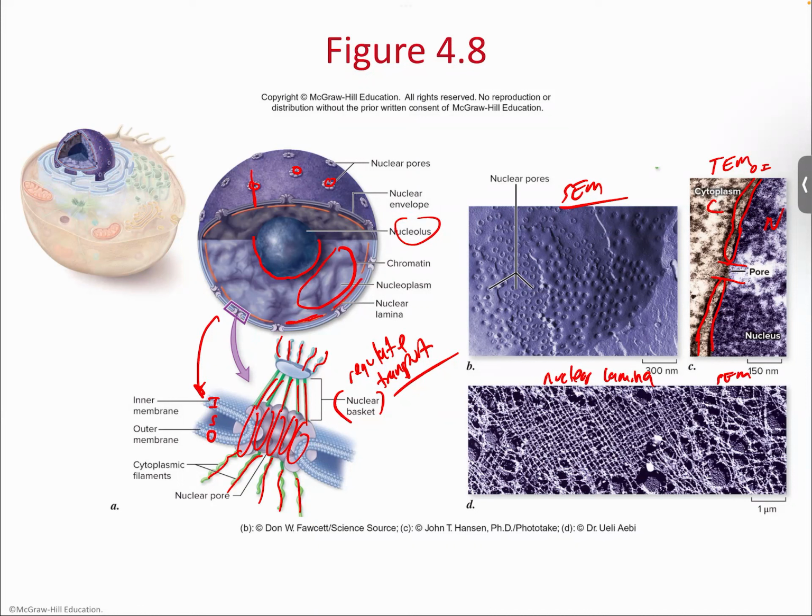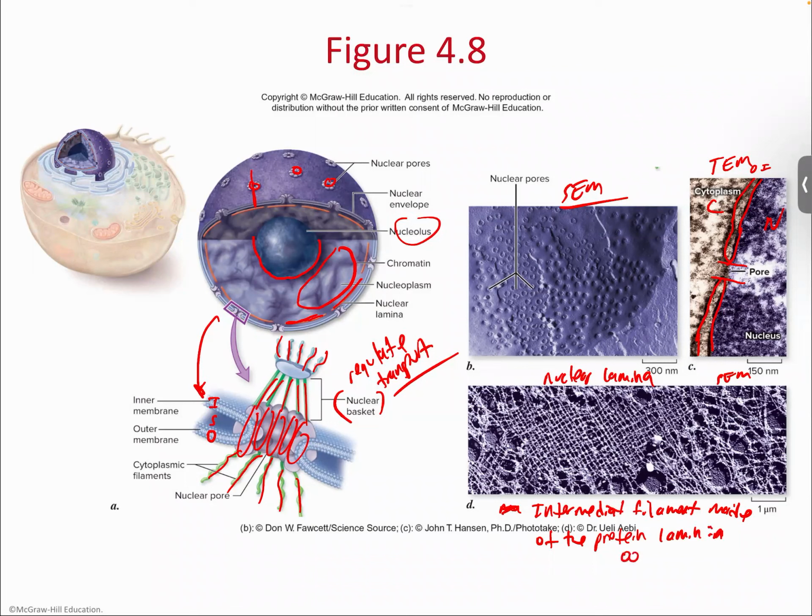So the nuclear lamina is basically an intermediate filament made of the protein laminin.